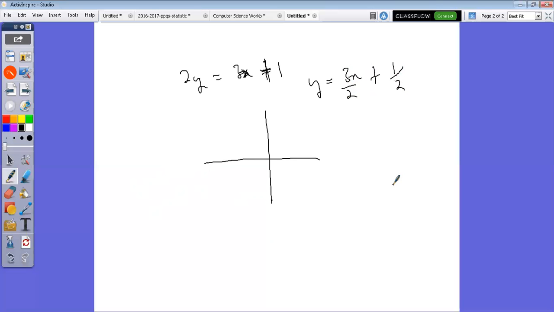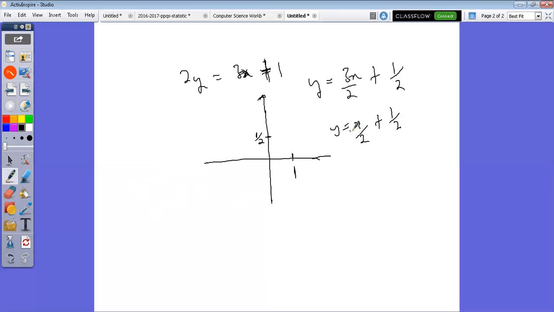Clear now? So now it means that line that we want to draw cuts the y-axis at what? At half. That's where it cuts. Then now, I can look for any value here. I know that if I'm going to put 1 here, it's going to make it easy. So if x is equal to 1, that would be 3 over 2 plus half.